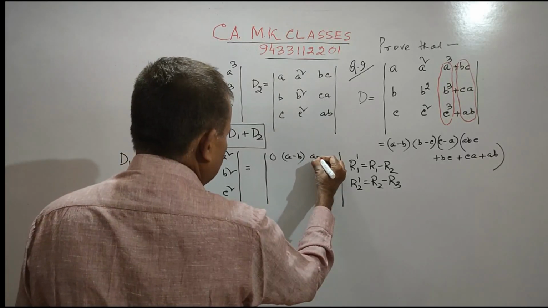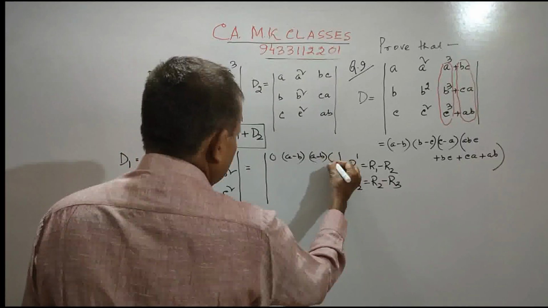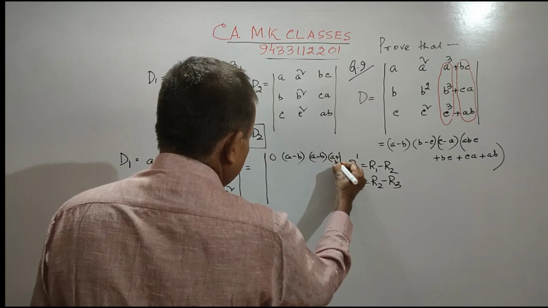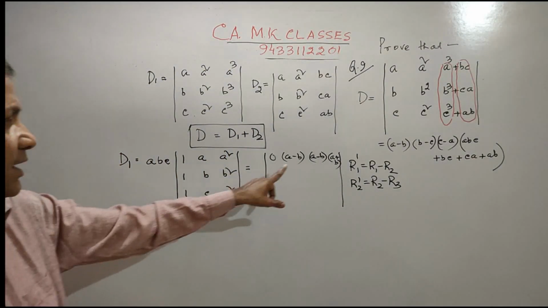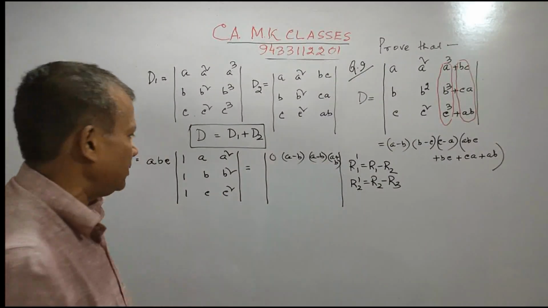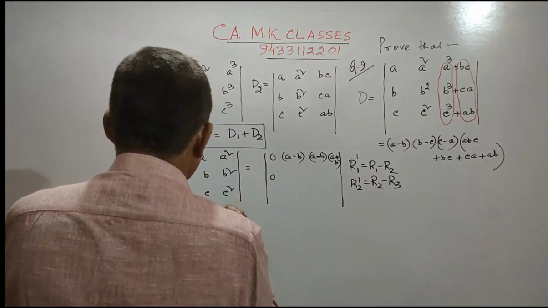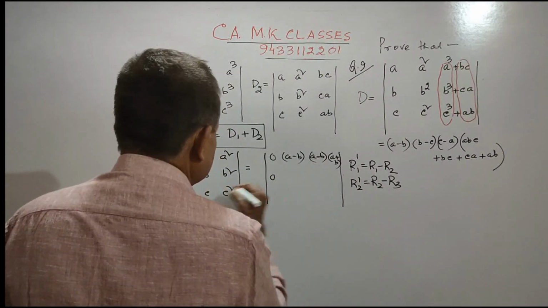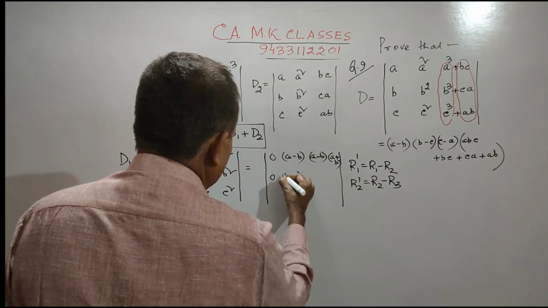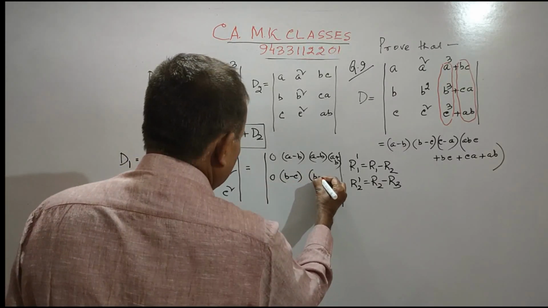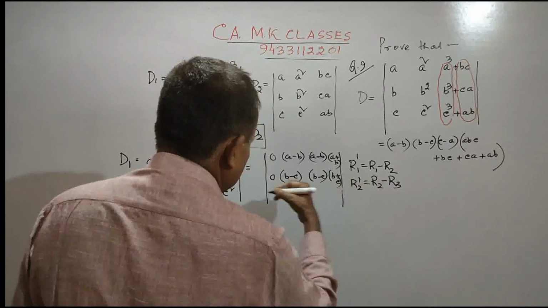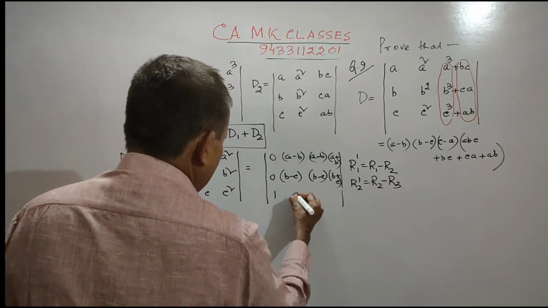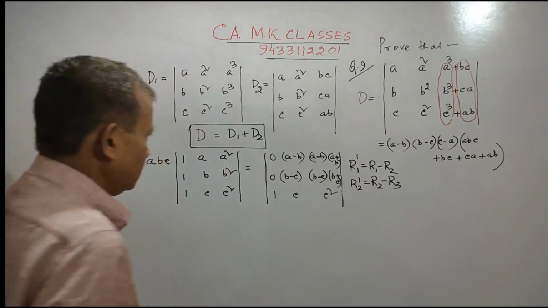This is a minus b into a plus b. a² minus b², I can write (a minus b)(a plus b). Similarly 0 and this is b minus c, this is (b minus c)(b plus c). Now this is 1, c, c².